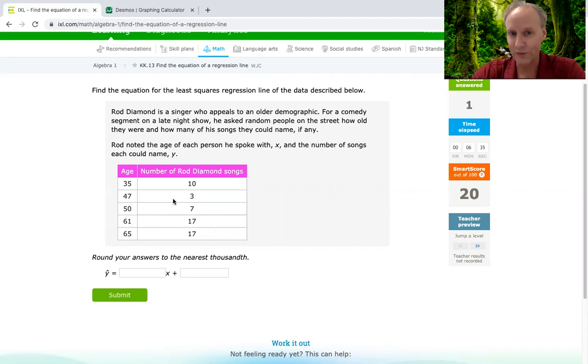As people get older, they seem to know more of the songs, except this 35, 10 is the outlier. This is maybe someone really old-fashioned or who has a parent really into Neil Diamond. If we got rid of this outlier, you can see it's a very strong positive correlation. With it in place, it's probably not going to be that strong.